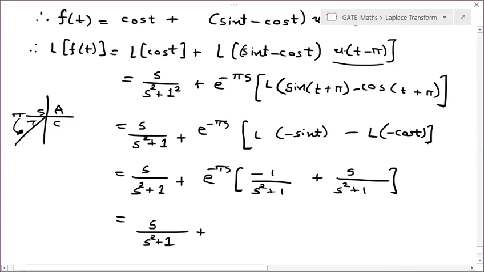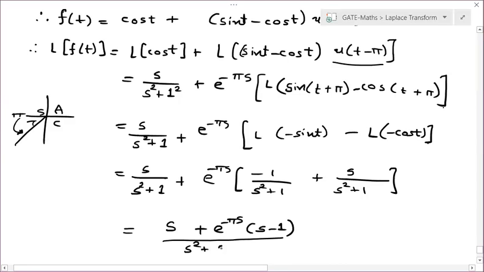But when it is multiplied to this, first we take e to the power minus as, and then we find this. So dividing by s was my mistake. Since our denominator is the same, s square plus 1, we can add numerators directly. So it is s plus e to the power minus pi s into (s minus 1), divided by s square plus 1. This is also one common mistake. So this is your Laplace of f of t.